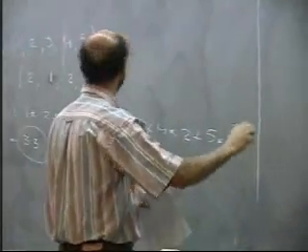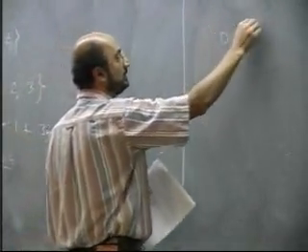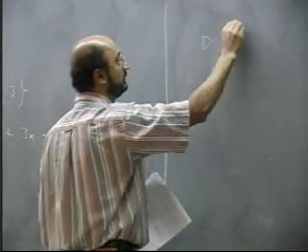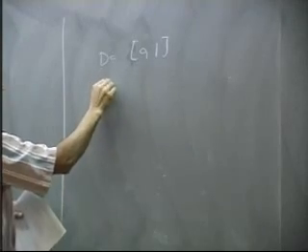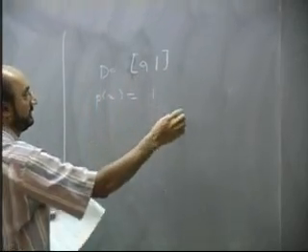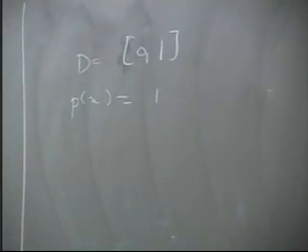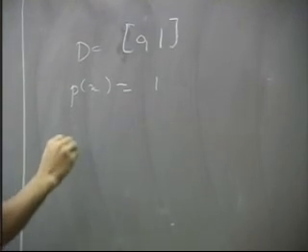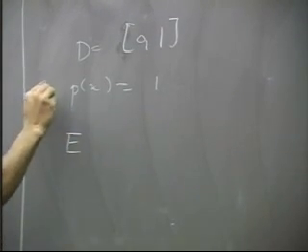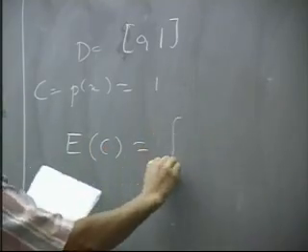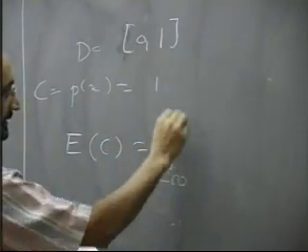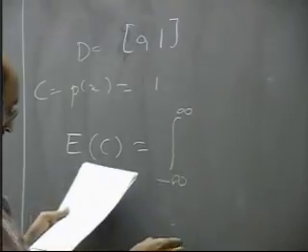The second thing we'll pick is where the domain is the interval 0, 1, and we'll have p(x) equals 1 in the domain. This is your uniform function, and so we can compute the expected value. The expected value of x is nothing more than the integral from minus infinity to infinity of x p(x) dx, which is what we did.